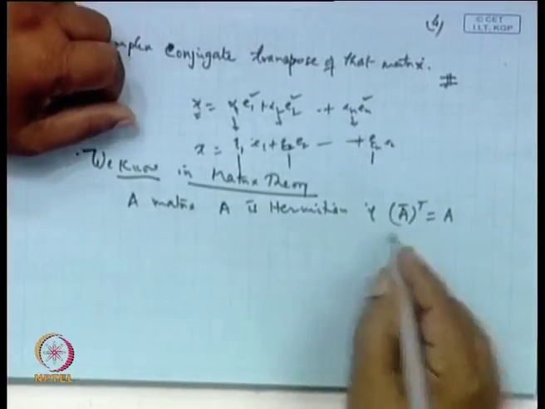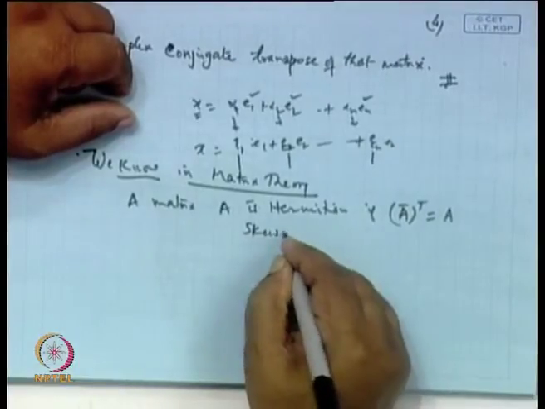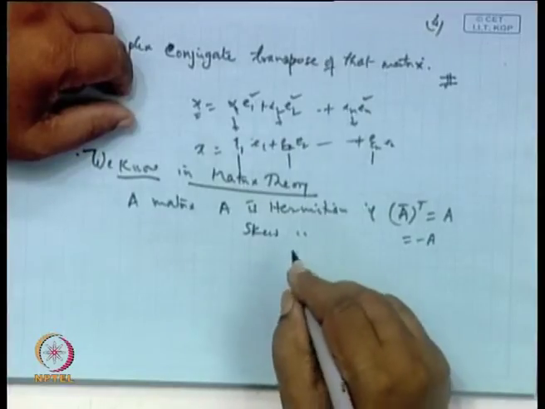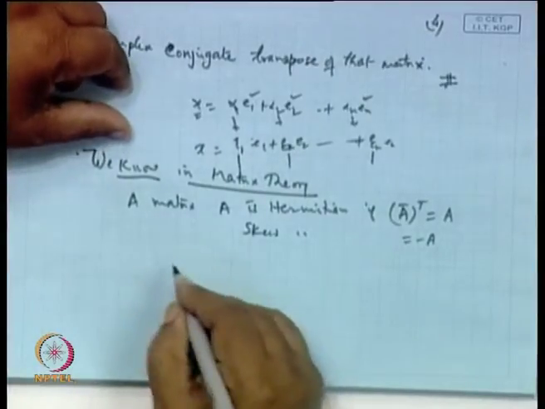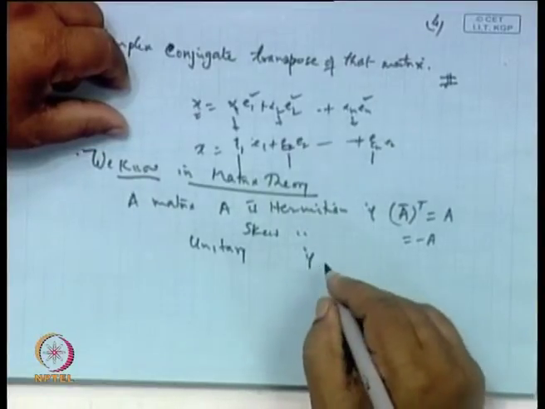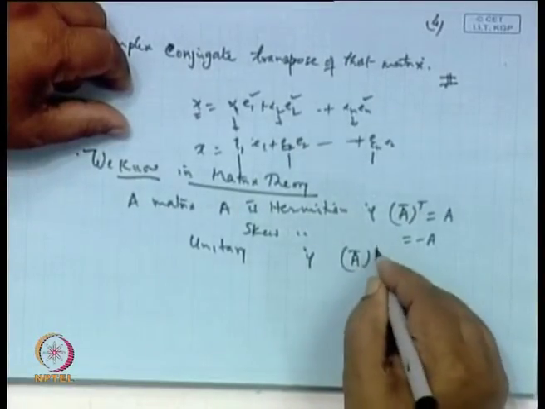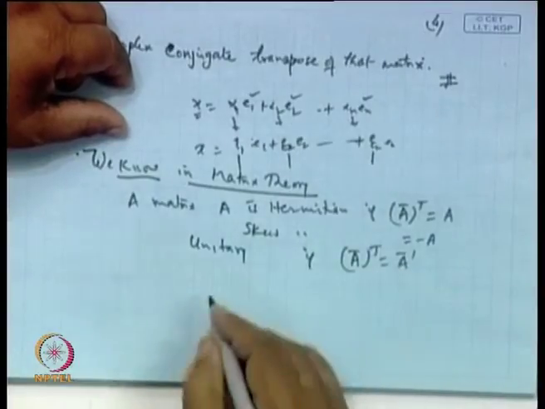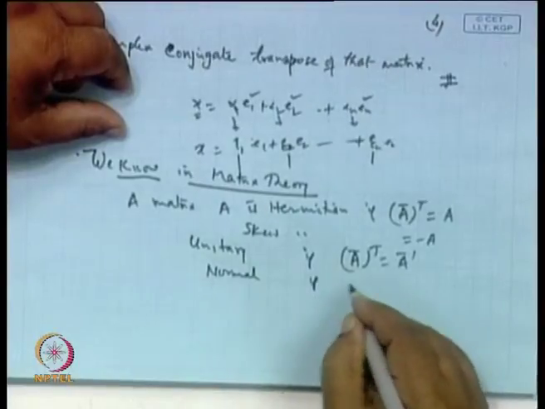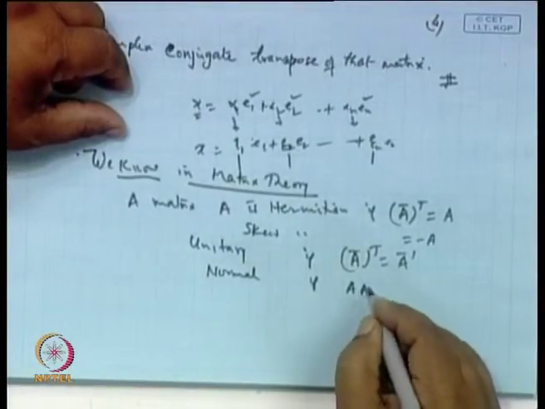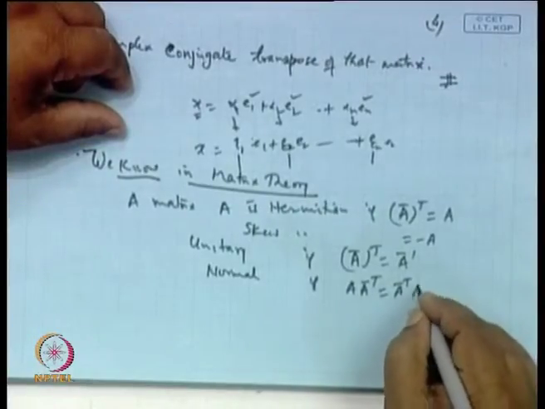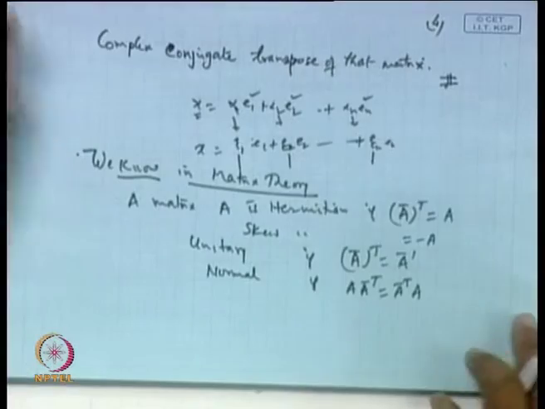And skew Hermitian with a minus sign, if this is minus A, and we say it is unitary if the conjugate transpose equals A inverse, and we say it is normal if A bar transpose A equals A A bar transpose. Is it not?